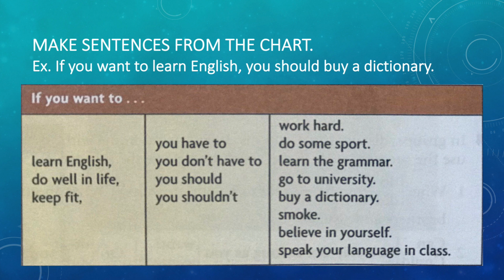Here we have three columns, and to make a sentence, we should pick a phrase from column 1, and a phrase from column 2, and a phrase from column 3 as a complement. So you can say, if you want to learn English, you should buy a dictionary, or if you want to keep fit, you should do some sport.